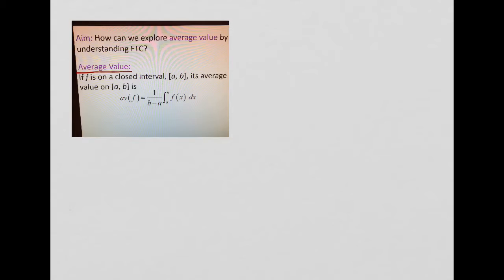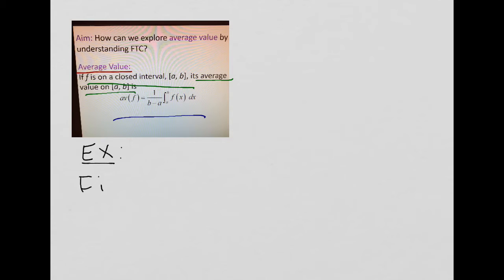So f has to be on a closed interval from a to b, and the average value is found by using this formula here. Okay, so please make sure that you write it down, and let's do an example. Okay, I seem to have lost the slide with the example, but that's okay. So, example.